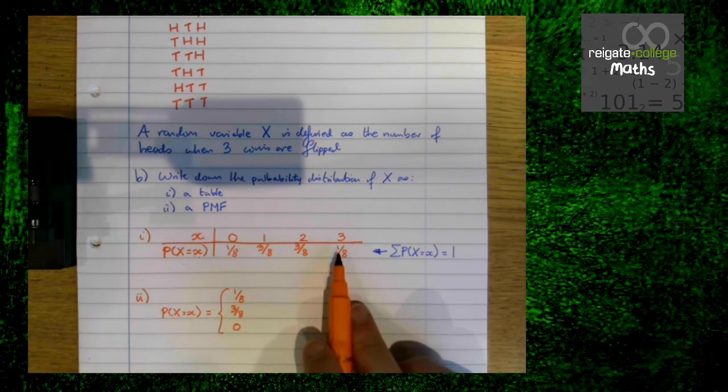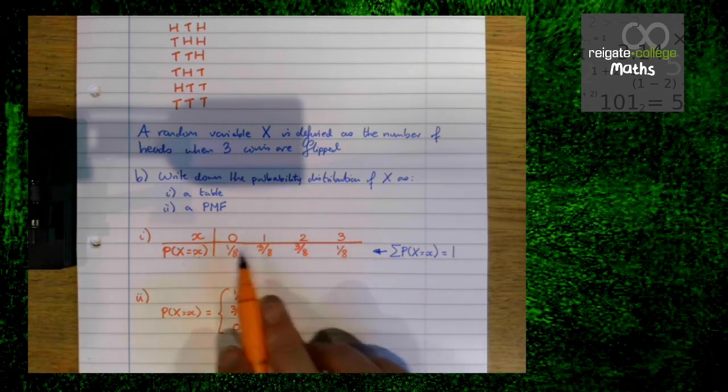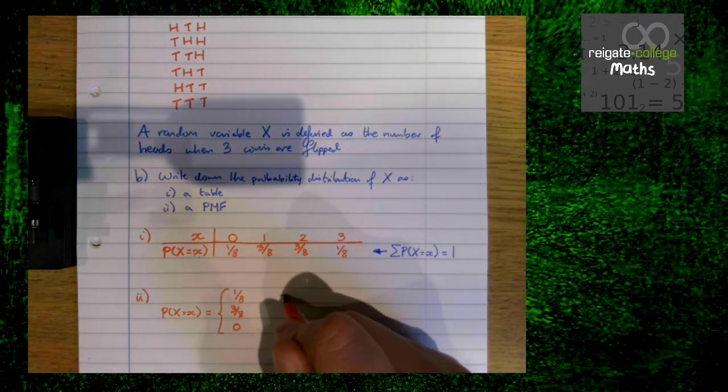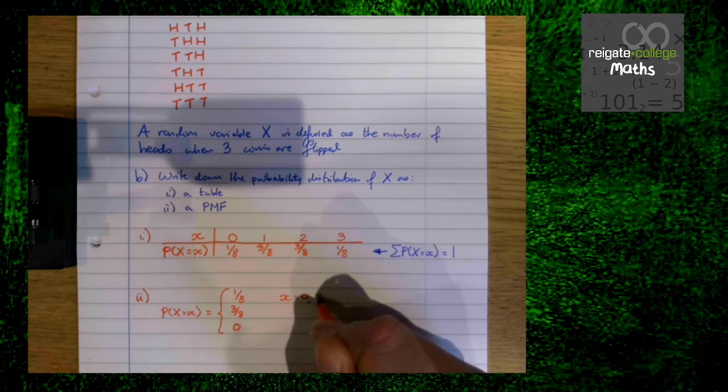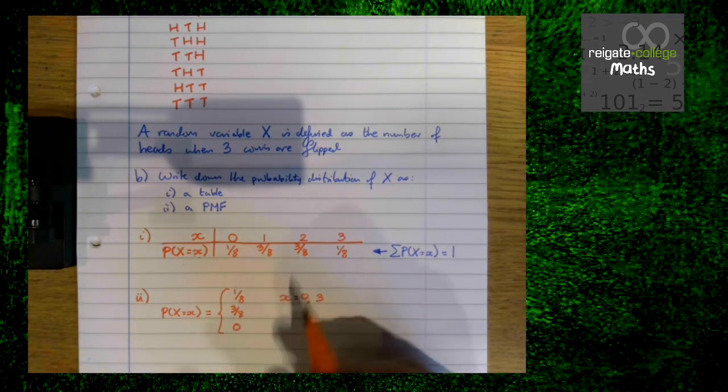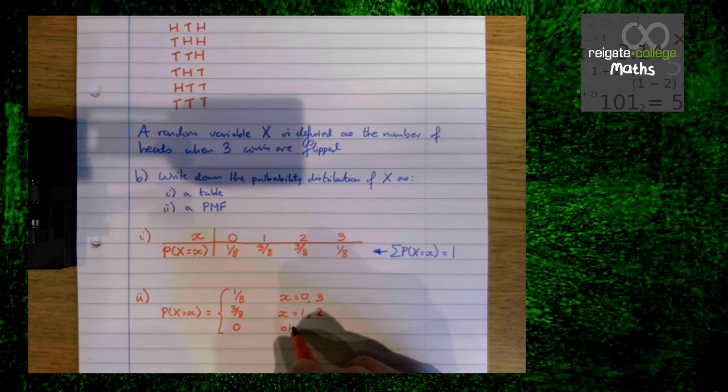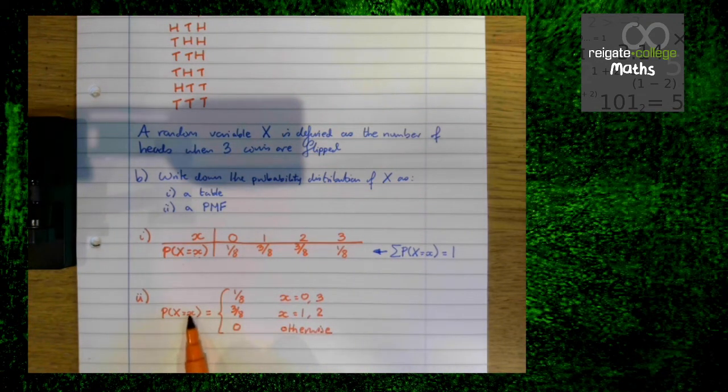When it is 1 over 8, what are the little x values we've got? 0 and 3. So we list those here. It's 3 over 8 when x is 1 or 2, and it's 0 otherwise. So any other value of little x will give a probability of 0. If little x is 1 or 2, it gives us probability 3 over 8. And if little x is 0 or 3, it gives us 1 over 8. And that's how a broader PMF works.